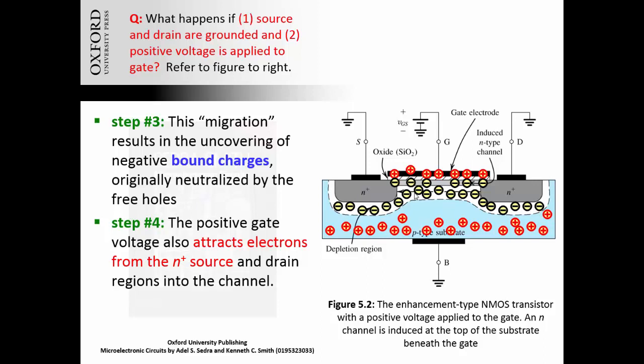They move out into this channel region, and they can remain in the conduction band because the valence band has been completely filled, those holes have been completely filled with electrons. So we now create what will be known as an N channel. It's an induced channel.